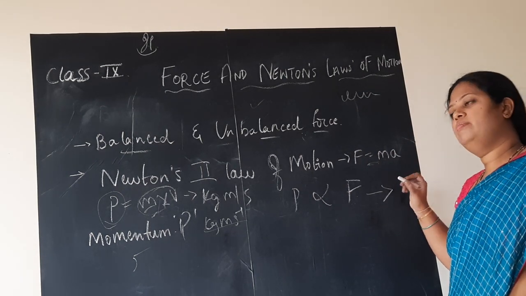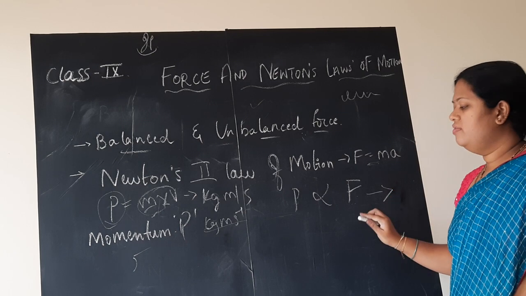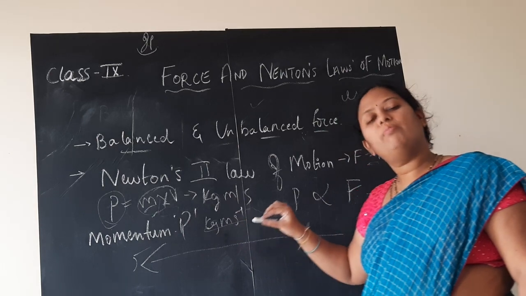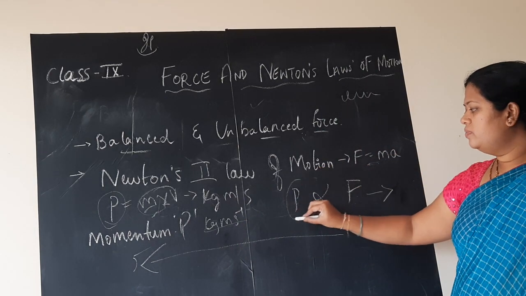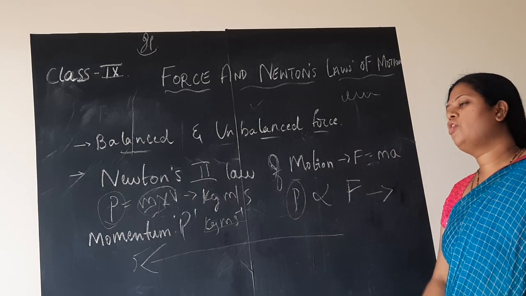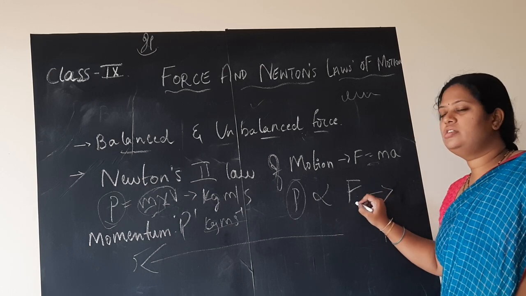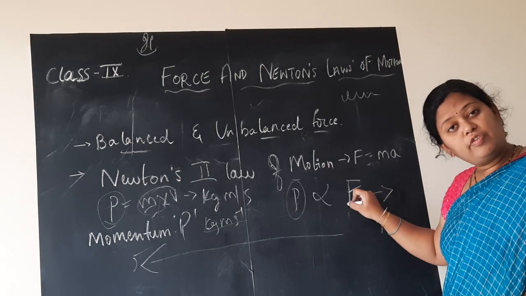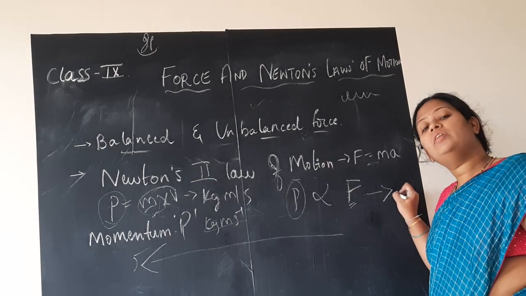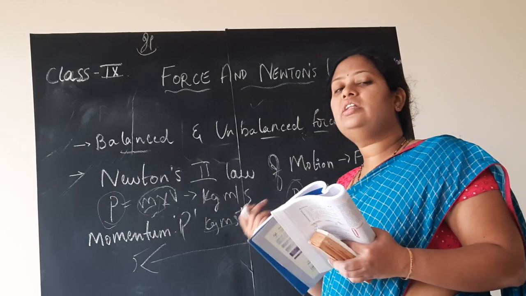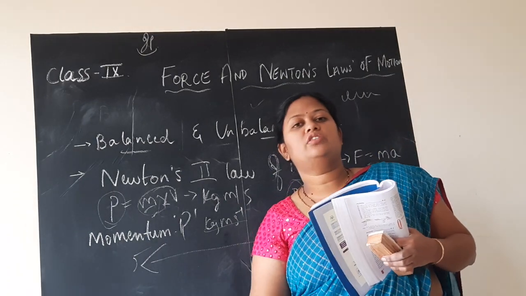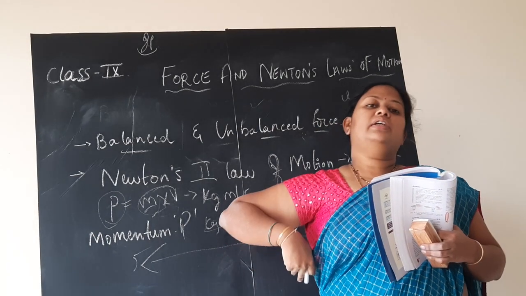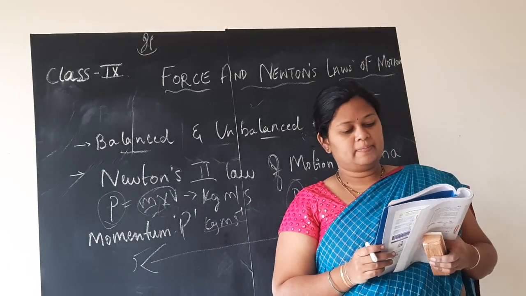This is very important, because we have kept on studying that in whichever direction you apply the force, in the same direction the object will move. So the rate of change of momentum of a body is directly proportional, or they just use the word proportional, to the force. Which force? Unbalanced force acting in the same direction. That is what is given. In whichever direction the force is applied, in the same direction the body starts to move, means its momentum is changing.